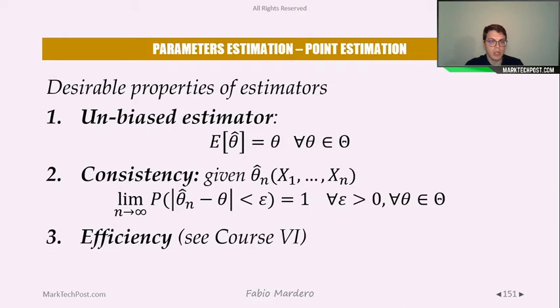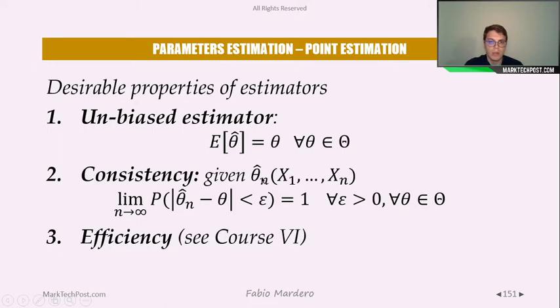of estimators. For example, we would like the estimator not to be biased. And we say that an unbiased estimator is an estimator in which the expected value of it is equal to the true parameter for every parameter we take into consideration. Another property that we would like our estimator to have is consistency.